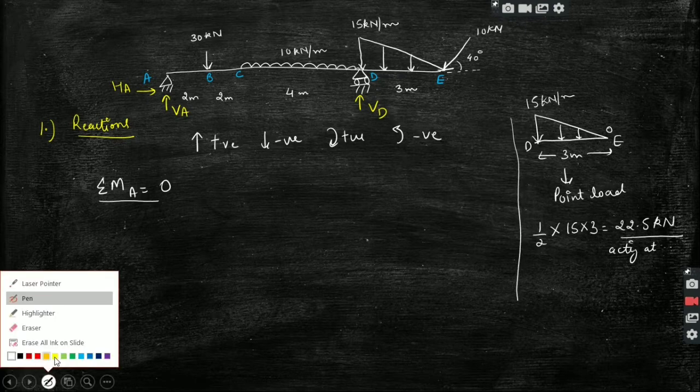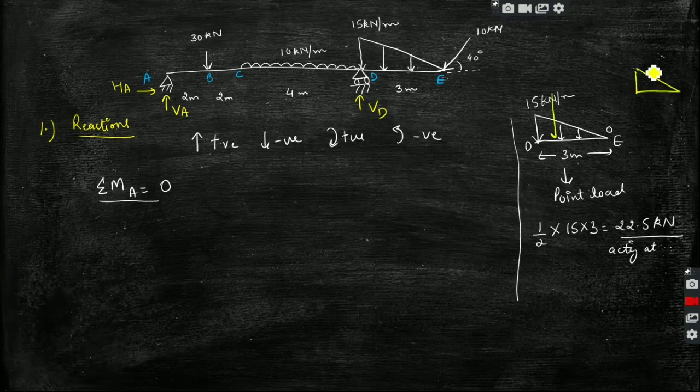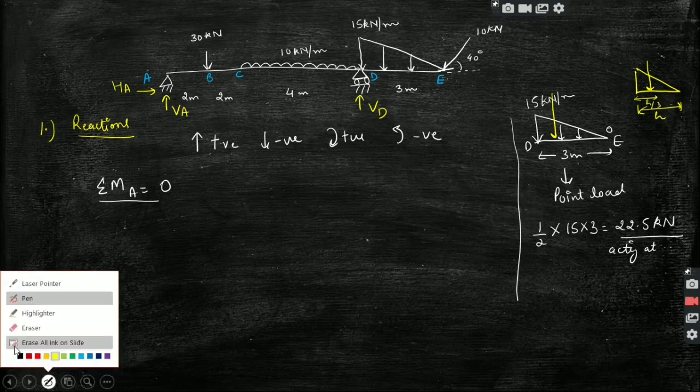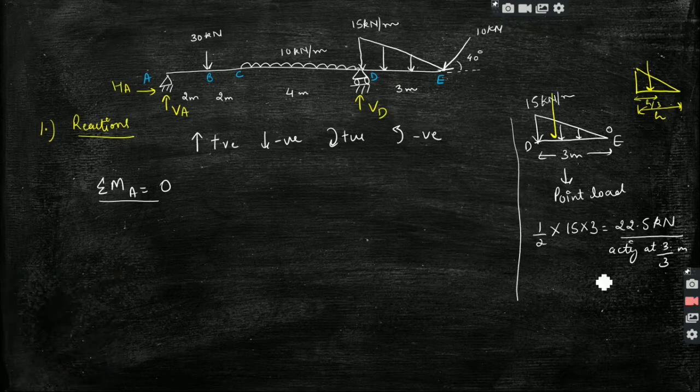We know that for a triangle, if its height is h, then the CG will be at h by 3. So this 22.5 kilonewton force will act at 3 by 3, which is 1 meter from point D, right? So now we have converted the UVL to a 22.5 kilonewton load.